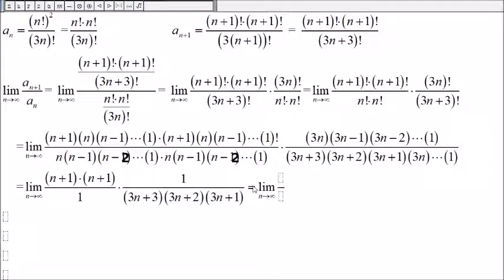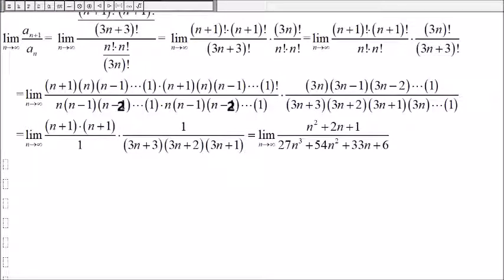n plus 1 times n plus 1, that will be n squared plus 2n plus 1. And then all of this multiplied together will be 27n to the third plus 54n to the second plus 33n plus 6.